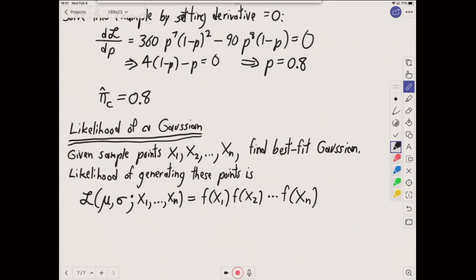Now, this is sort of like multiplying the probability of getting point x1 by the probability of getting point x2 by the probability of getting point x3 and so on, except that all those probabilities are 0, so I use the PDF instead. The PDF is not 0 at any of those points.